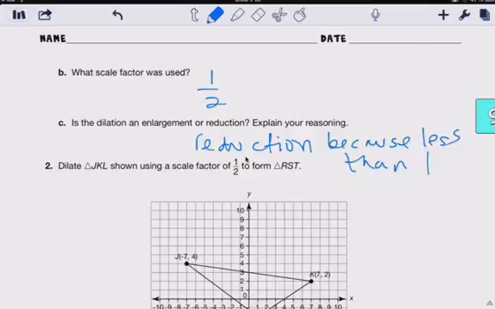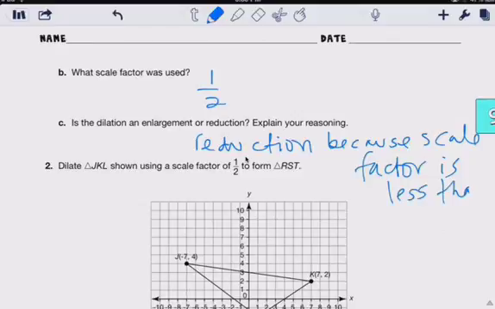The scale factor is less than 1. A half is less than 1, a third is less than 1. Those are our reductions. If it's multiplied by 2, it's more than 1.